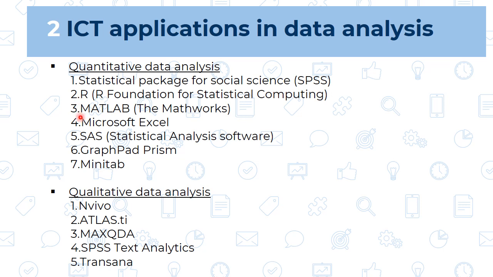Then third is MATLAB, which is used for mathematical work. Then fourth, that is Microsoft Excel. We are all very much aware of the Excel sheet, how we can arrange the quantitative data into the Excel sheet.